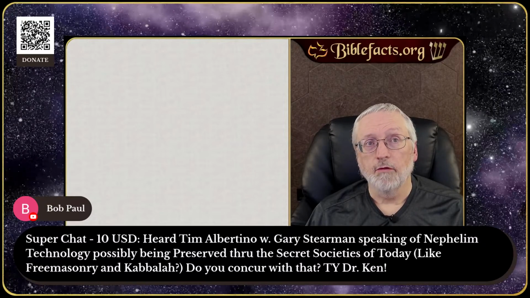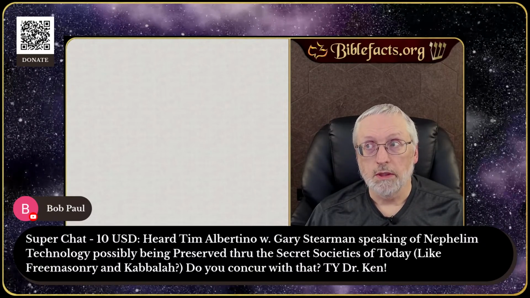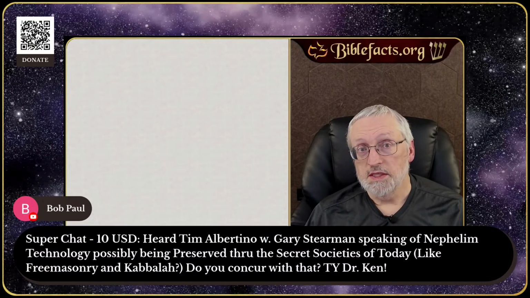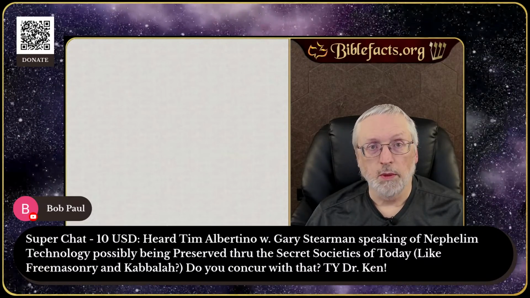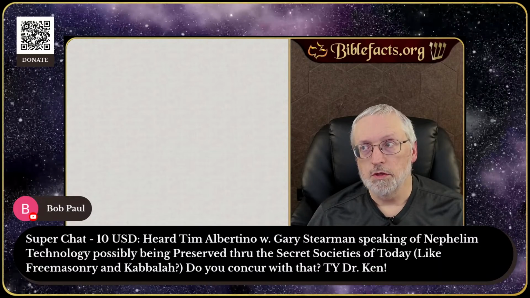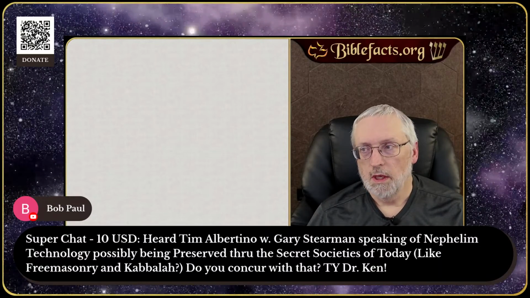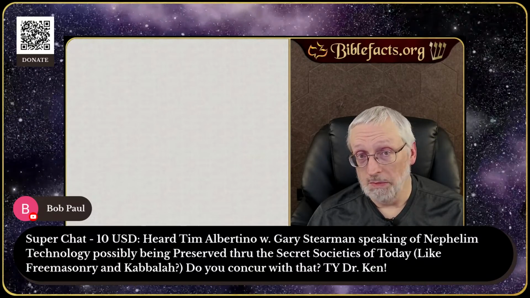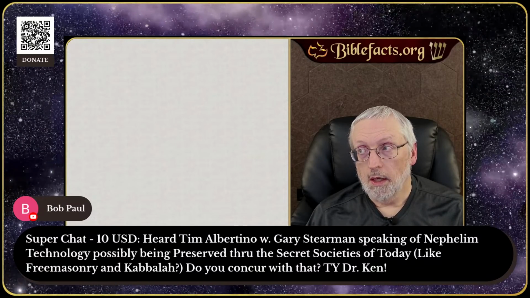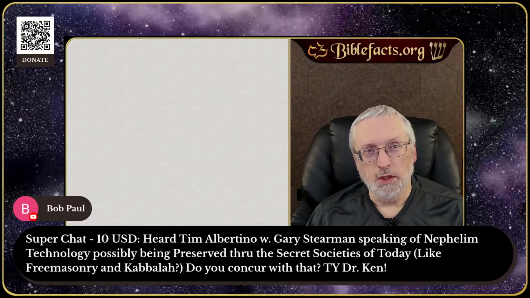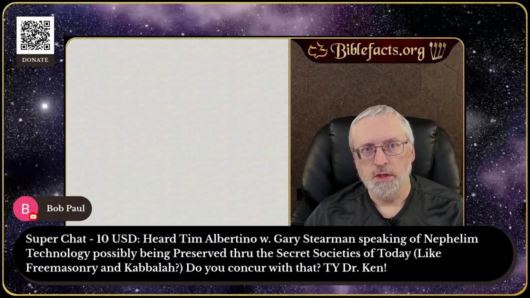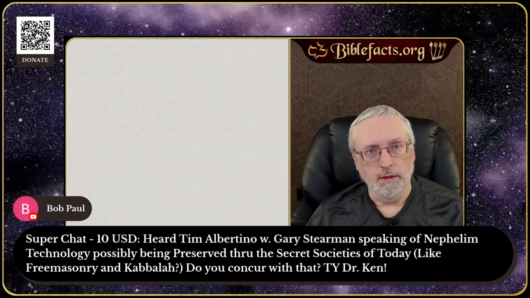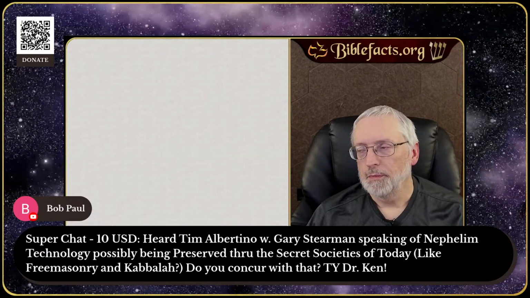Now, whether or not they have real information, like real Nephilim technology or not, that would be something interesting to see. Obviously, the only things we have left are the large megalithic monuments that are put together, and sometimes the stones are actually fused or melted together, which we could do in a laboratory, small amounts. I don't know how you would do that on Earth in the open air and melt rock like that.